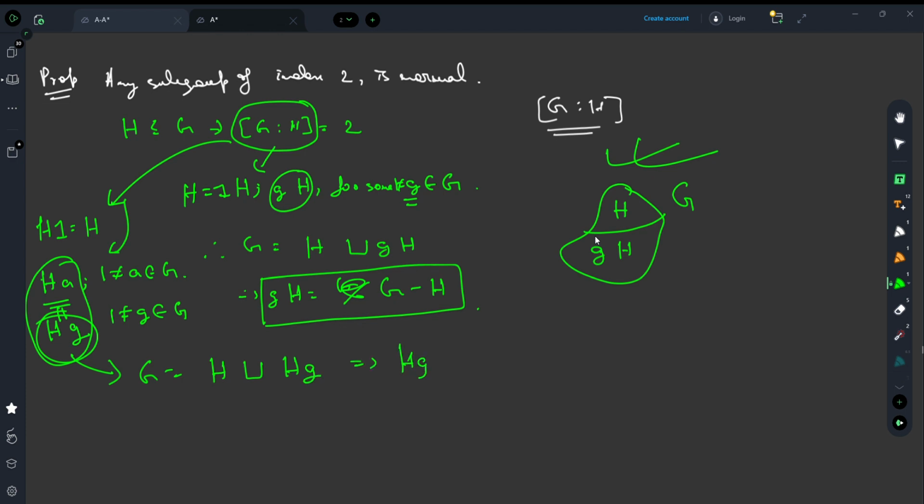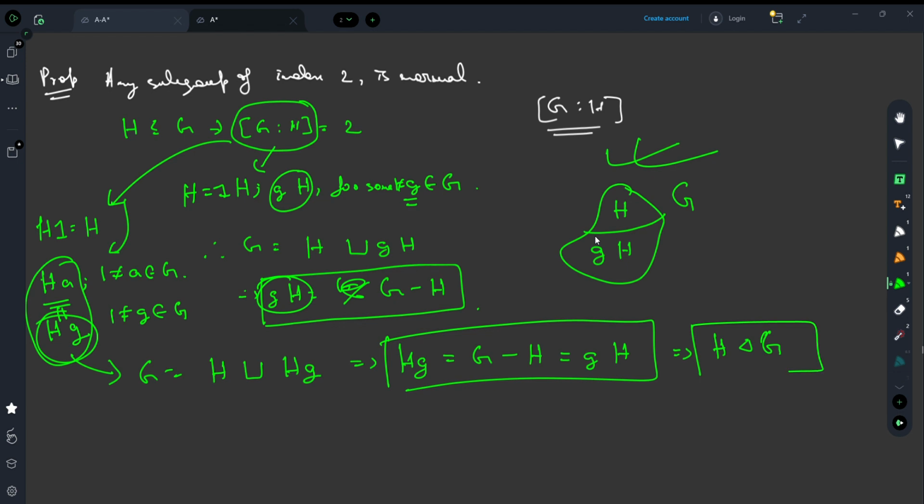But that would mean Hg is the complement of H in G, but this is exactly gH, right? And since this small g was an arbitrary non-identity element of capital G, this precisely means that H is normal in G, right?